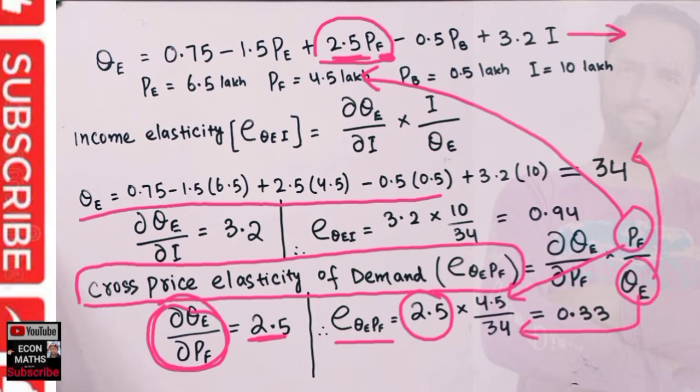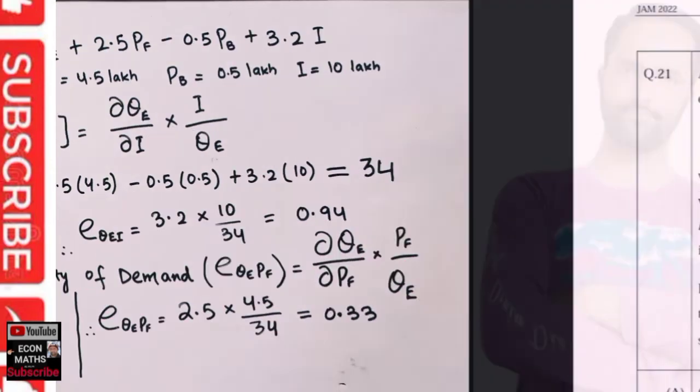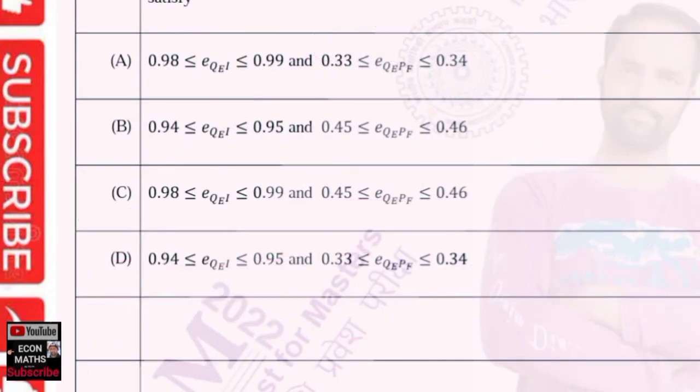When we multiply 2.5 with 4.5 and divide by 34, we get cross price elasticity of demand equal to 0.33. So the options then will be this very step, I guess.